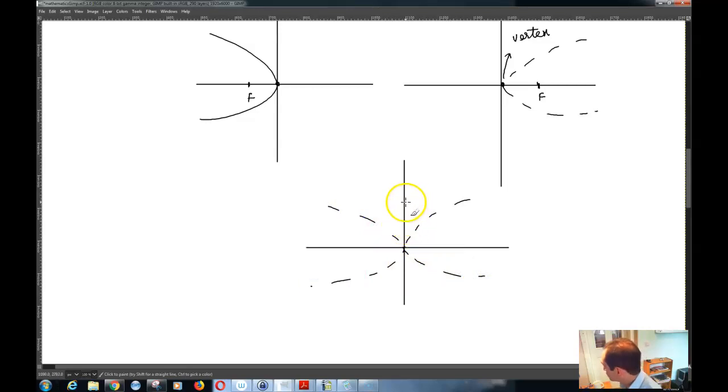And of course it's possible, and this configuration over here that you can see is called a hyperbola.